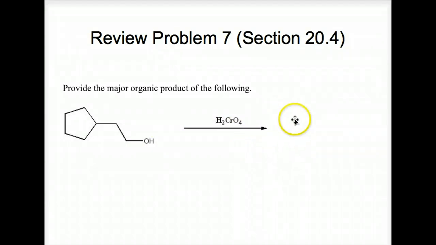First, we're going to form an aldehyde, and then with further oxidation, we'll form the carboxylic acid. So this carbon right here is going to become a carbonyl carbon, and we'll have a proton bonded to it. So we have CH2C of a carbonyl group with one proton forming the intermediate aldehyde, and then with further oxidation, it becomes a carboxylic acid.